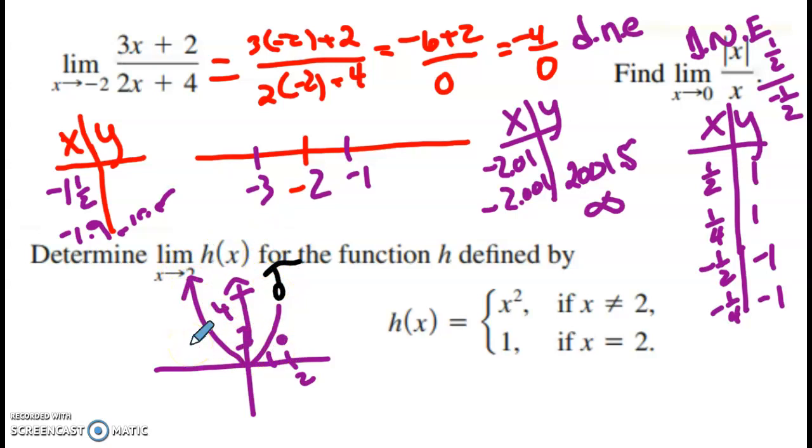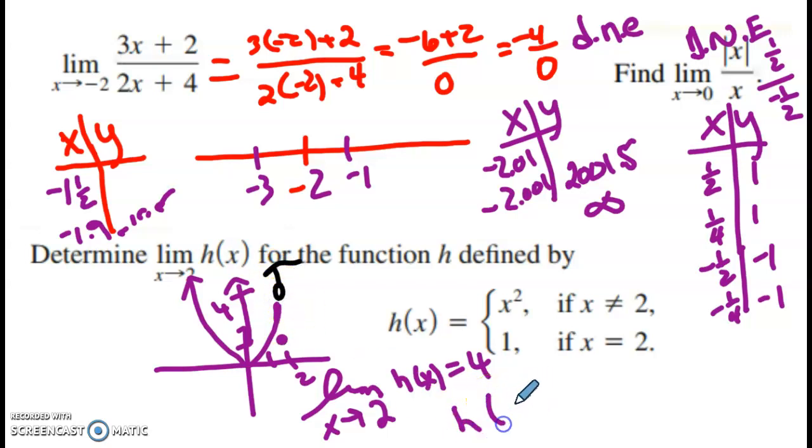Okay? So interestingly enough, guys, the limit as x approaches 2 of h of x is 4, because as I approach 2, I get closer and closer to 4. However, h of 2 is 1.